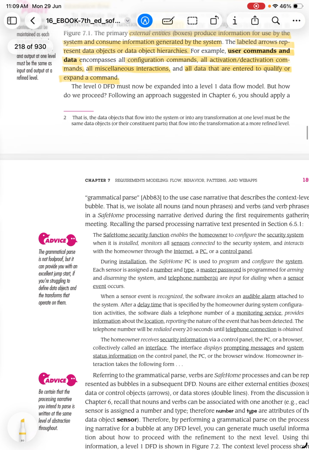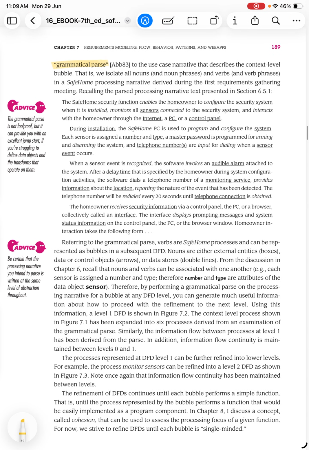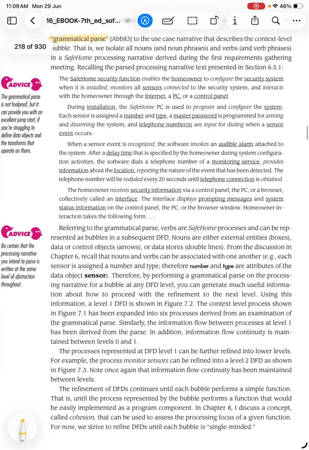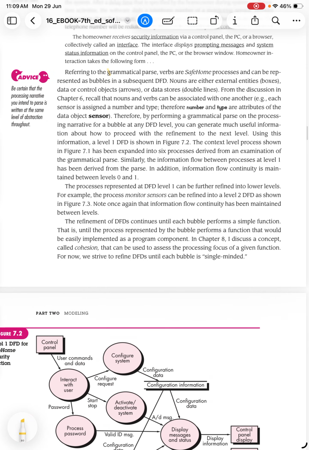The level 0 DFD must now be expanded into a level 1 data flow model, but how do we proceed? Following an approach suggested, you should apply a grammatical parse. Referring to the grammatical parse, verbs in the SafeHome processing narrative can be represented as bubbles in the subsequent DFD.